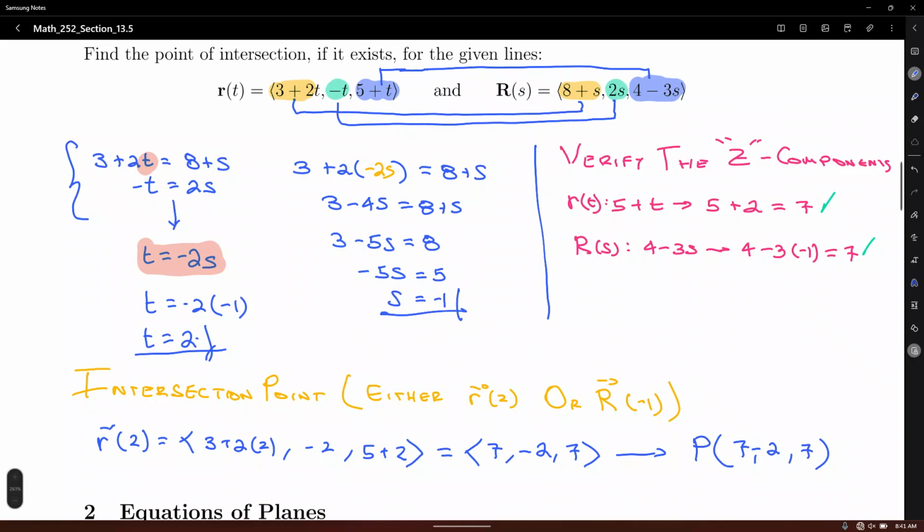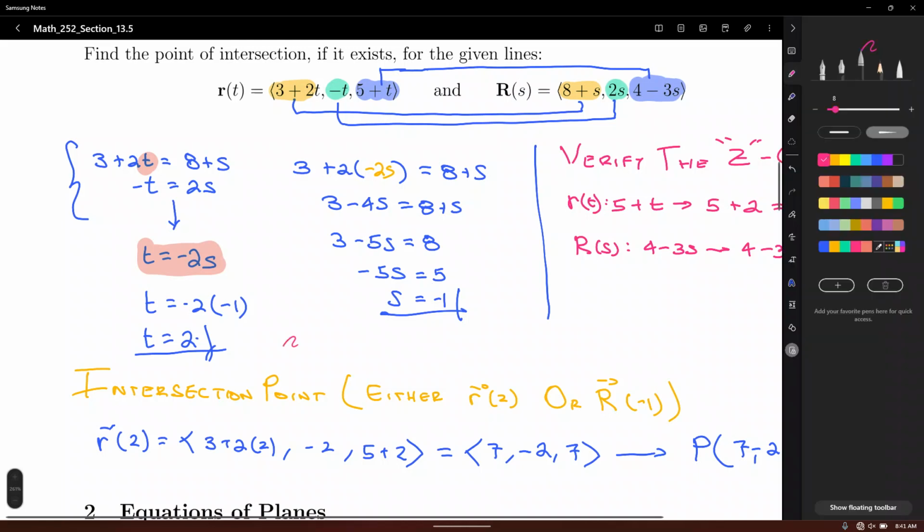But in this case, since these are different values, they're crossing the intersection at different times. So that's why they do not collide. These two particles are not going to collide, right?